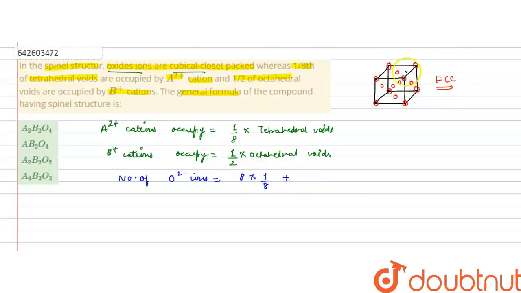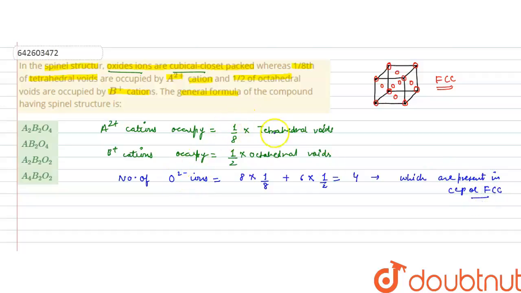And the total number of face centered atoms is 6 because 6 faces are in a cube, and contribution of one face centered atom is half to one unit cell because it will be shared by another unit cell which is present above it. So its contribution is half to one unit cell. So it gives the number of oxide ions as 4. It means the total number of oxide ions which are present in CCP or FCC lattice.